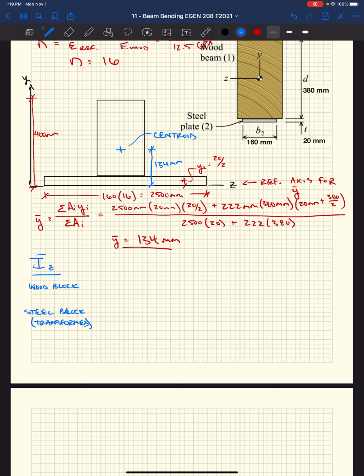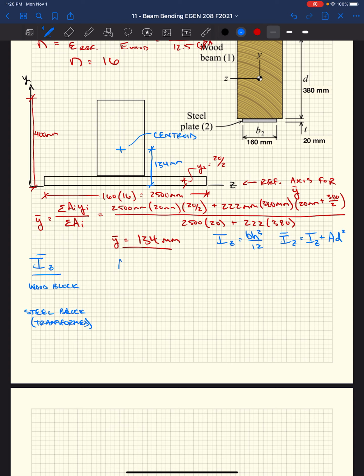Well, we know some of the equations of interest. We have IZ, which is BH cubed over 12, and we have our parallel axis theorem that says the moment of inertia about any axis is the moment of inertia about a piece's centroid plus the area of that piece times the distance of that piece's centroid to the location of our moment of inertia that we're calculating.